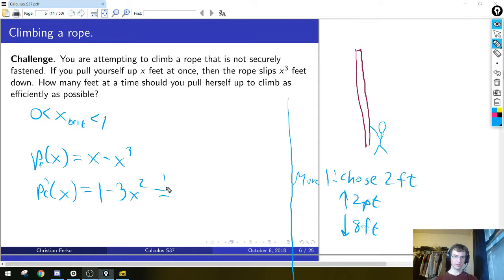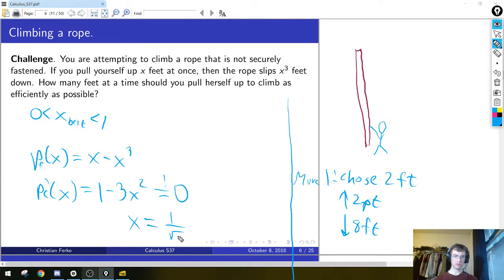Okay, and you say we want that to be 0? So what do we get for critical points then? By algebra, solving for this equaling 0, 3x squared equals 1, so x is the square root of 1/3, so 1 over root 3.